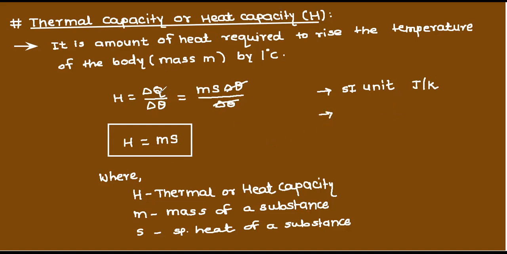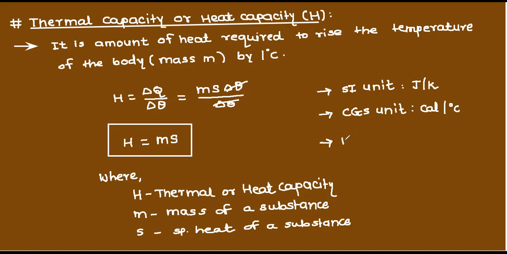Even from this also you can take delta Q is joule, and delta theta is Kelvin, right? And the CGS unit is calorie per degree Celsius, right? And you keep it in mind, H depends on mass and nature of substance.